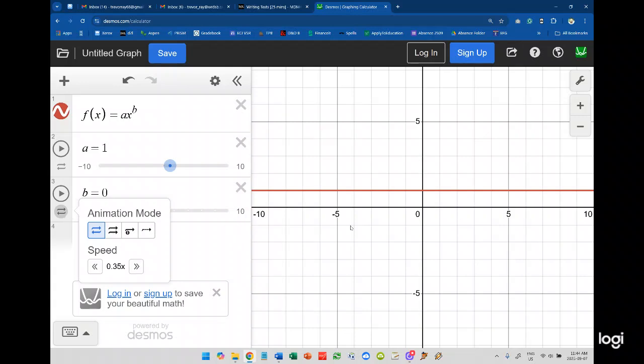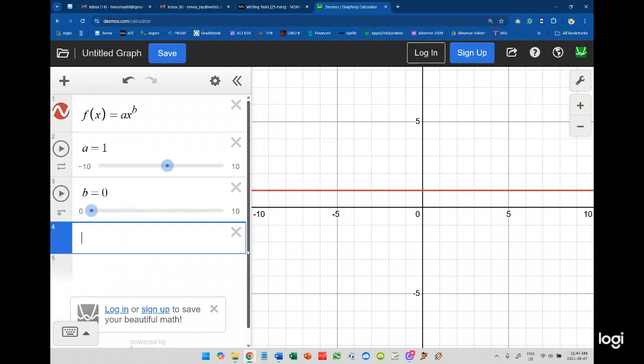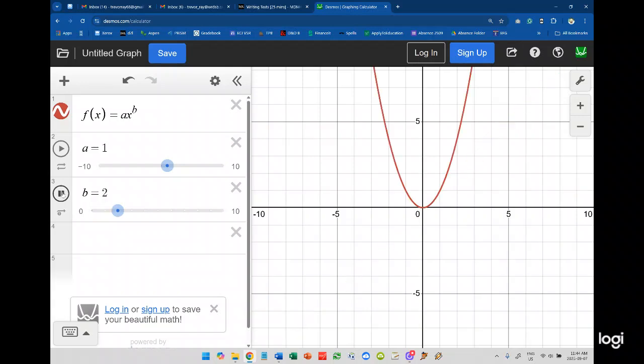Okay, so I want you to take a look at the picture and what it looks like as b goes up in value. Just watch what happens to the shape of the graph. The exponent on x is 0, 1, 2, 3, 4, 5, 6, 7, 8, 9, and 10.